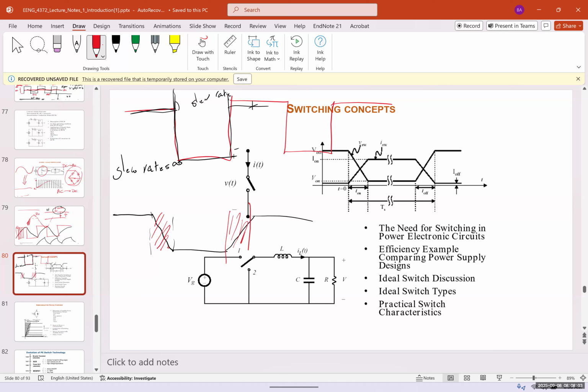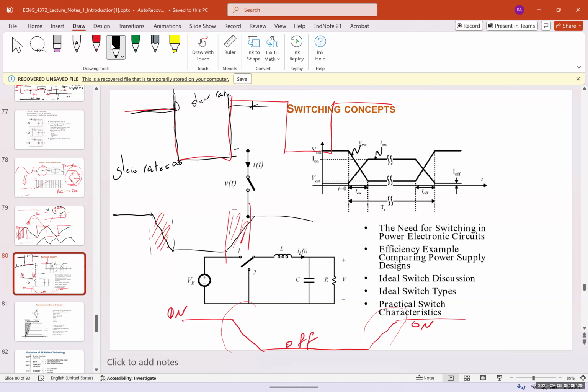So if we have a switch that looks like this, you're going to have a lot of waste in the power when we are transitioning from on to off and back to on.